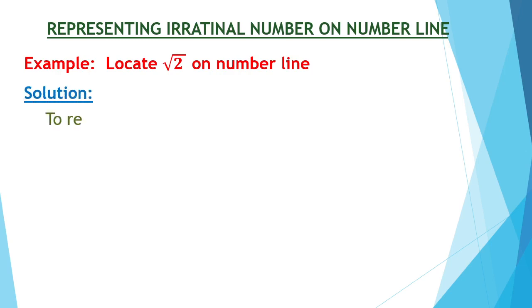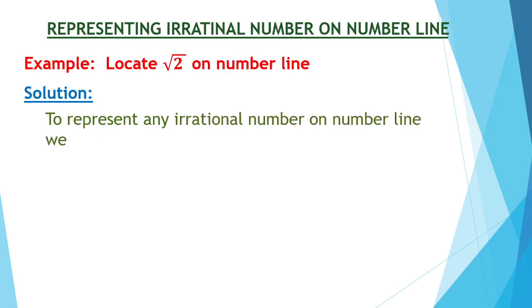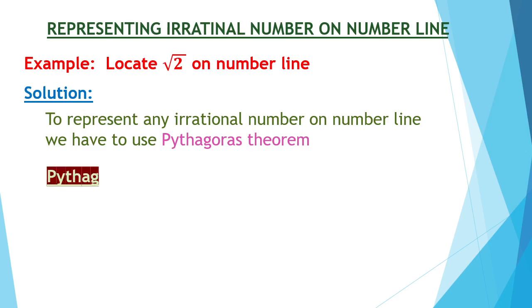To represent any irrational number on number line, we have to use Pythagoras theorem. Do you know Pythagoras theorem? So let us discuss the Pythagoras theorem. So this is the definition.